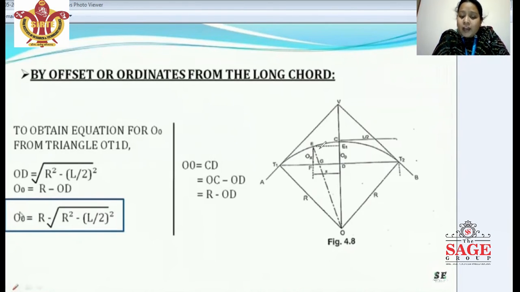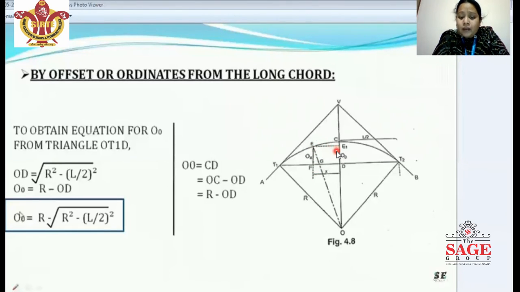To any point E, draw the line EE1. That is point E, and that point is E1. Parallel to the long chord T1T2, that is T1T2, the line drawn parallel to this line is EE1.